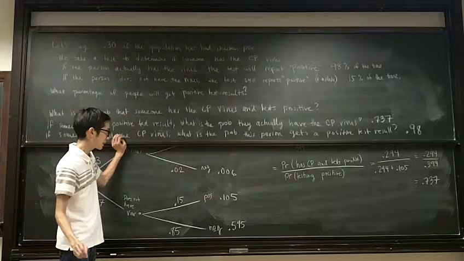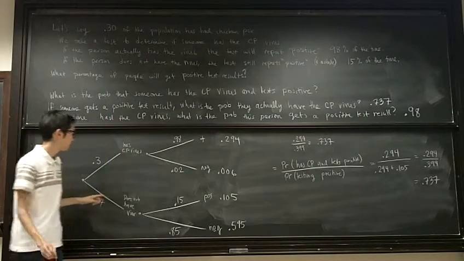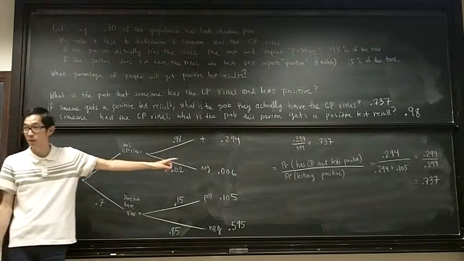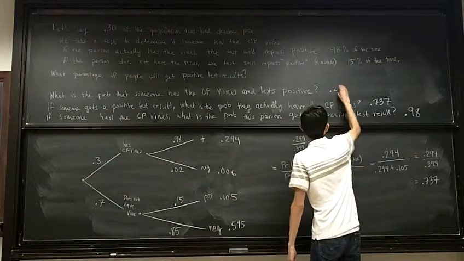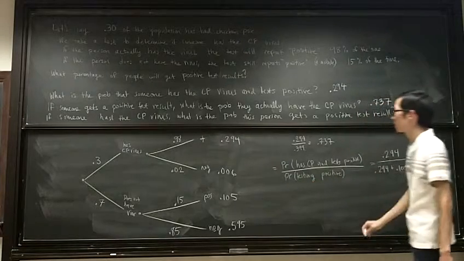And the answer to that is 0.294. And that's from our probability tree after we've multiplied all of these things out.